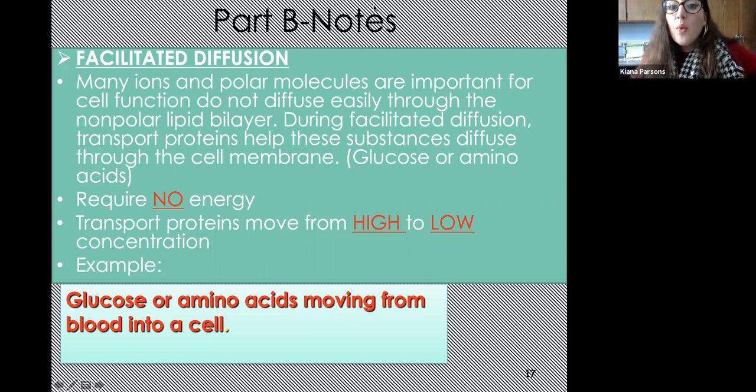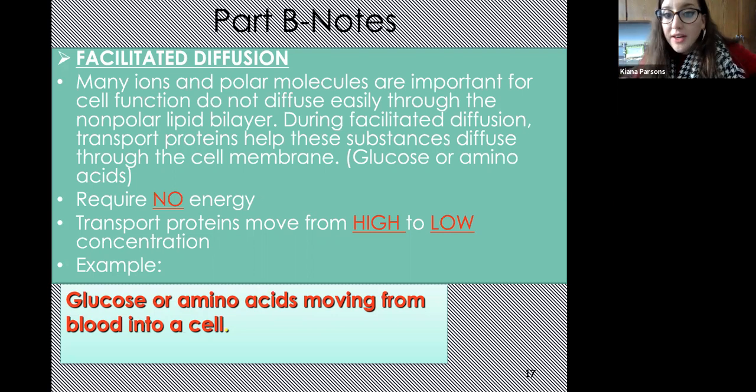And we're going to talk more about the facilitated diffusion of glucose when we get to Unit 5 and talk about insulin and the pancreas. So right now what you need to know is that facilitated diffusion happens from high to low concentration, the same way as regular diffusion.